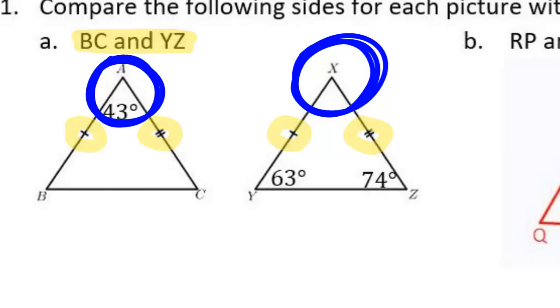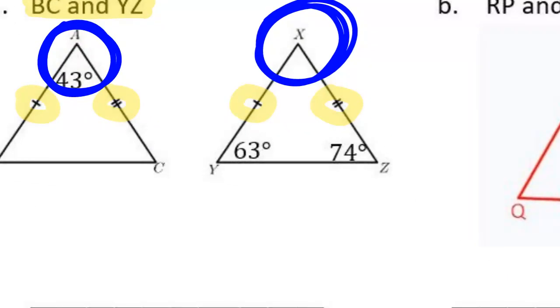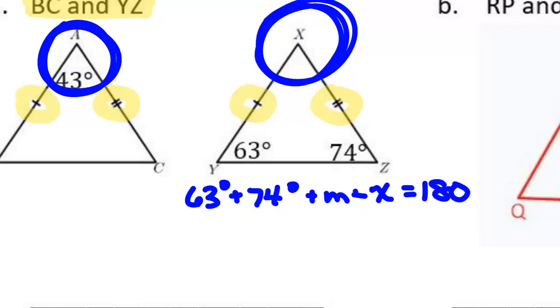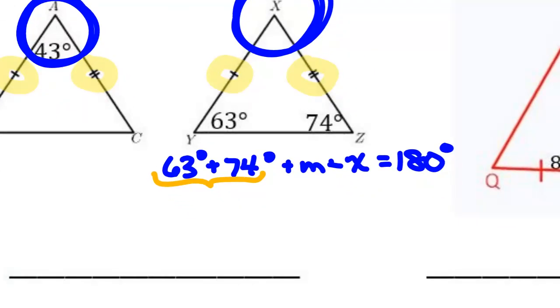Yes. How can I do that? Add angle Y, angle Z, plus X equals 180. Yes, so 63 plus 74 plus the measurement of angle X equals 180. What do we get when we combine 63 and 74 together?